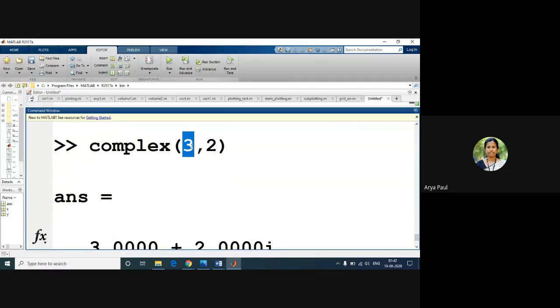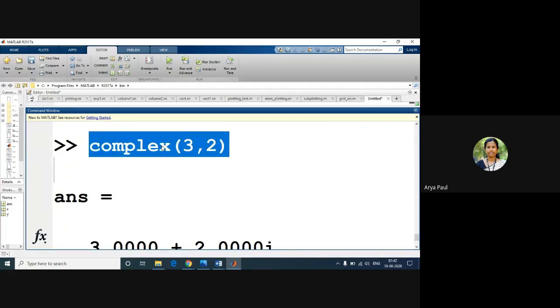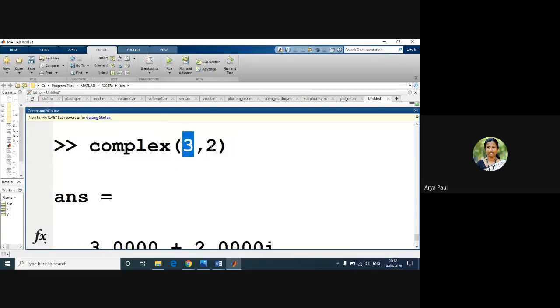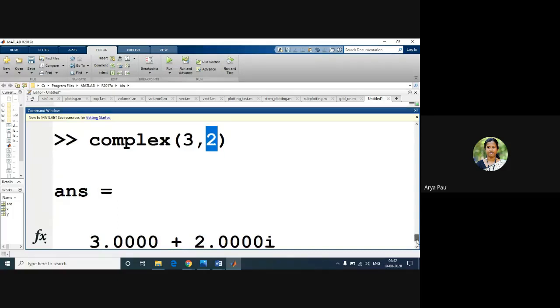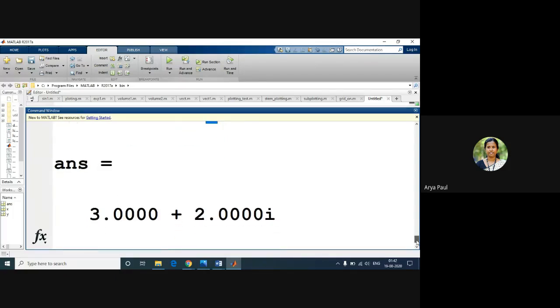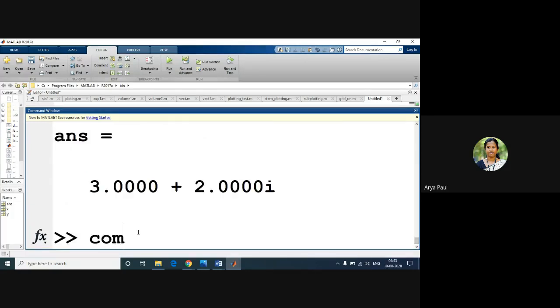It creates a complex number with real part 3 and imaginary part 2. So the answer will be 3 plus 2i. Similarly, complex of 1, 1 will be 1 plus 1i.